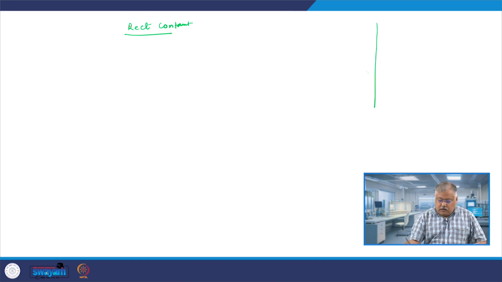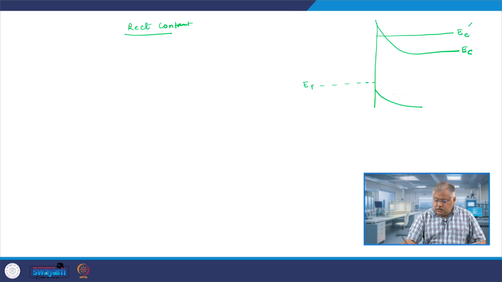So, this is the metal on the left hand side, and this is the Fermi level of the metal which you see. This is the conduction band edge EC prime before joining, and after joining this is what you get as EC and this is what you get as EV.